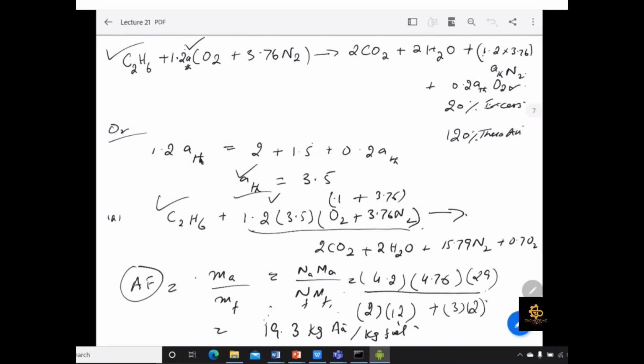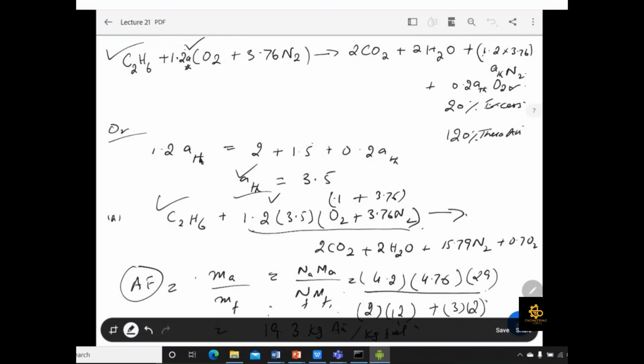So this is the procedure of finding the air fuel ratio if it is mentioned that you are supplying an excess amount of air. First you have to find the stoichiometric coefficient in the combustion equation, and then go towards the solution for the air fuel ratio. If you have any question, you can ask me, and then we'll move towards the next question.